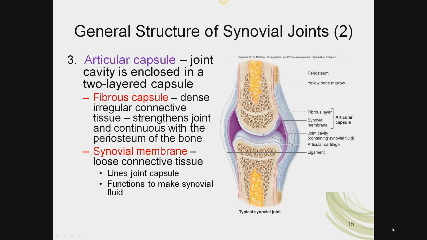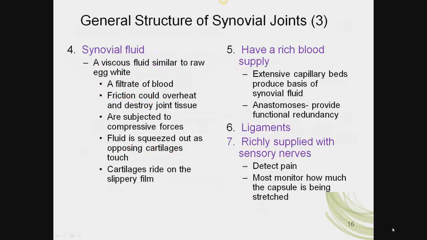As I just said, lining the joint cavity is the synovial membrane, which secretes a viscous, oily synovial fluid. Let's discuss synovial fluid next. Synovial fluid is composed of secretions from the synovial membrane cells and it is a filtrate from blood plasma. Synovial fluid has three main functions.